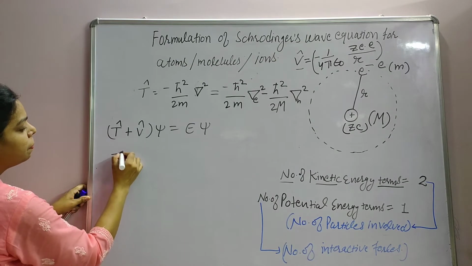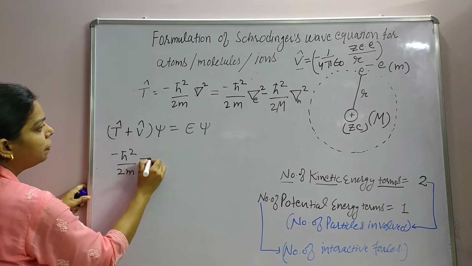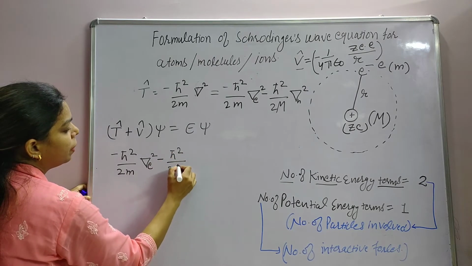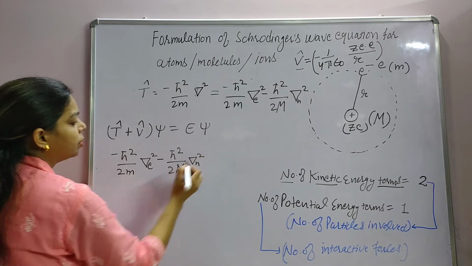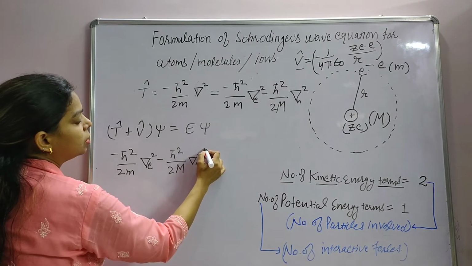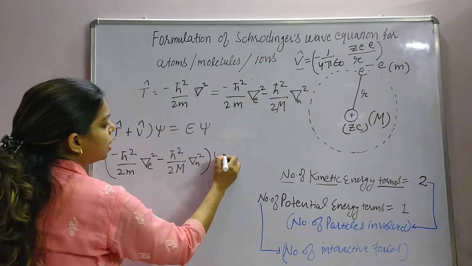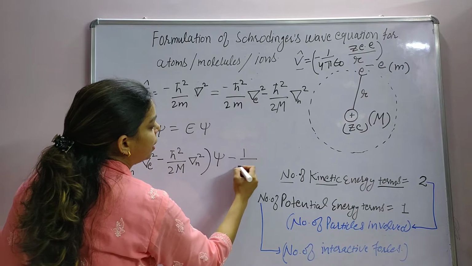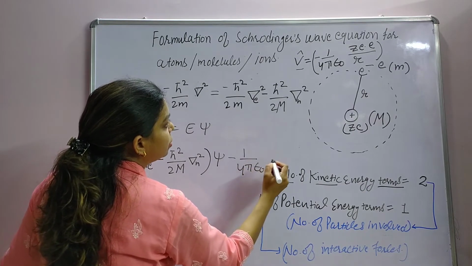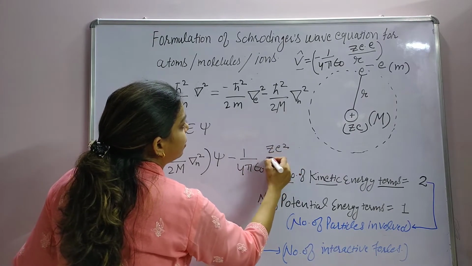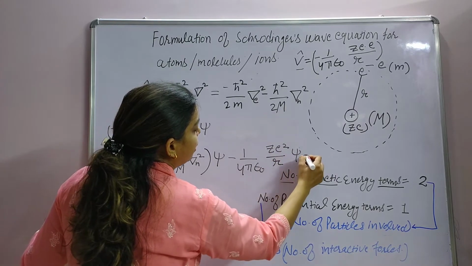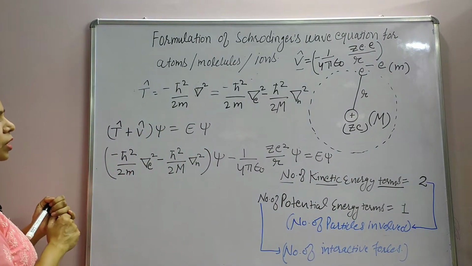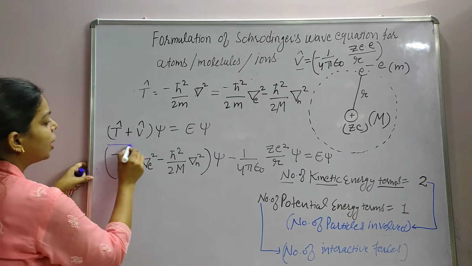So this will be minus h bar square over 2 small m del e square psi, minus h bar square over 2 capital M del n square psi, minus 1 by 4 pi epsilon naught Ze square by r psi is equal to E psi. This is the complete Schrodinger's wave equation for hydrogen atom.